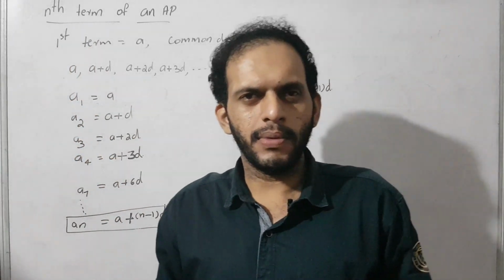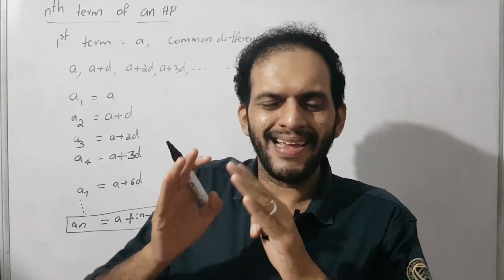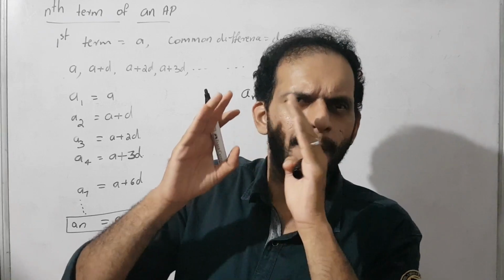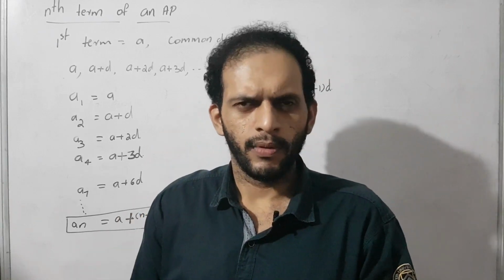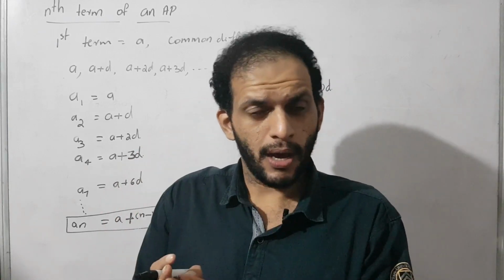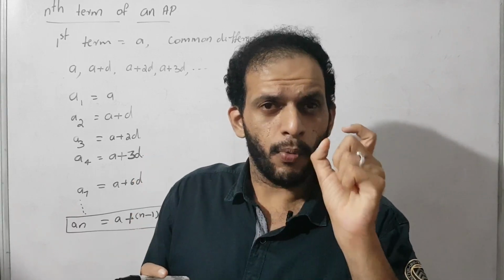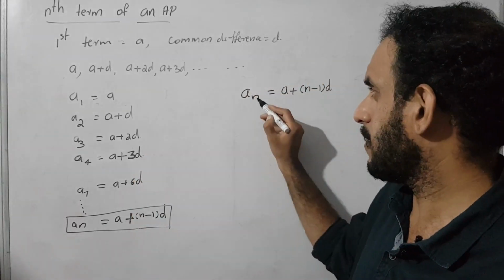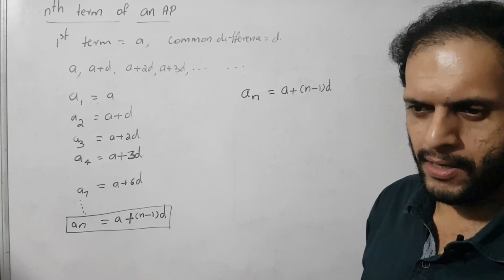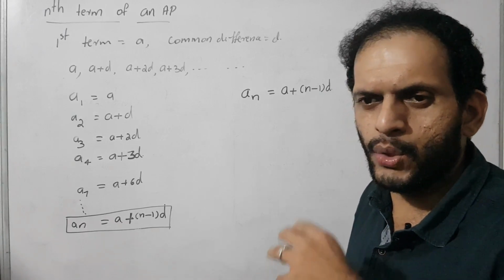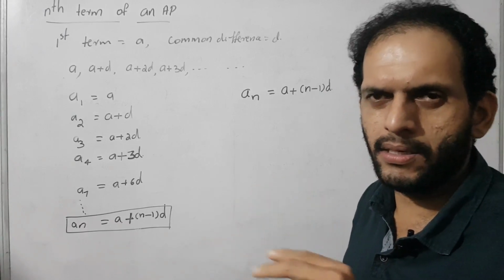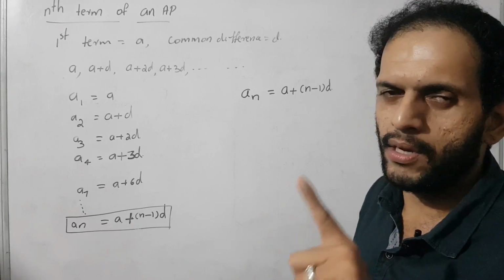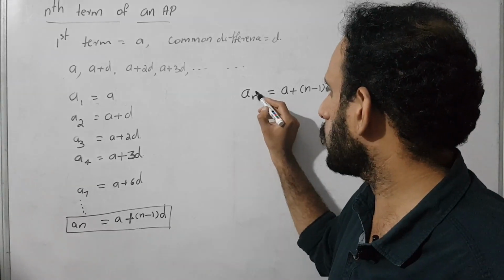The nth term means if we need to find a term in a particular position, that position is denoted by the letter n. If we need to find the 12th term, that 12 is denoted by the letter n.